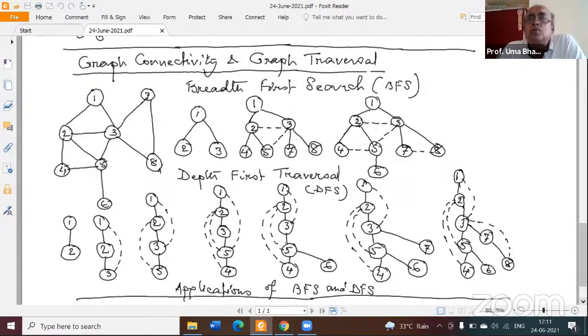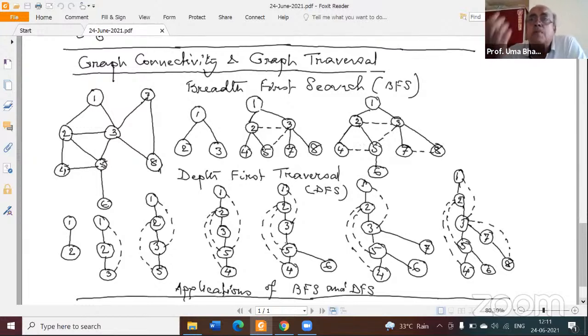The moment I come to 3, I forget 2. Now only 3 is my present status. From 3, I can go to so many places. Out of that, I see 3 to 1. 1 is already marked. I won't go there because it's already marked.